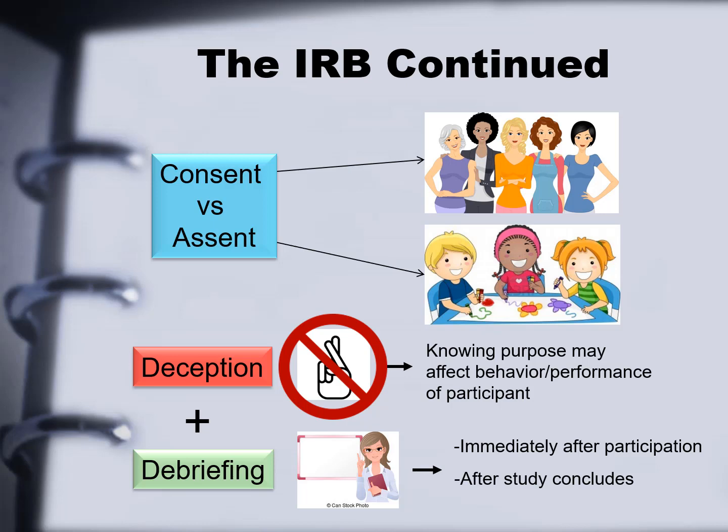Generally, a researcher may wait until after the study is concluded because they don't want the research participant to tell other potential participants about what the purpose of the study was. Okay, so that's consent versus assent, deception and debriefing, covering requirement number 4 of the IRB requirements.